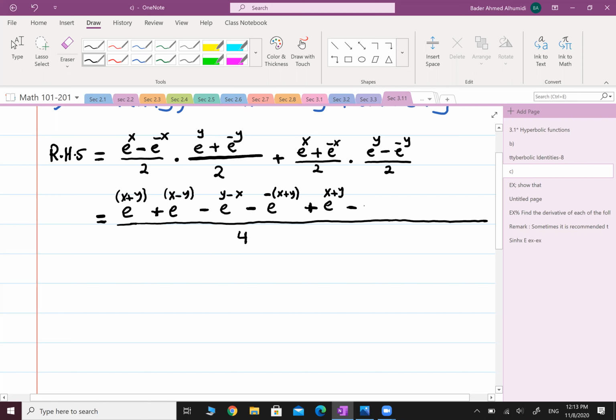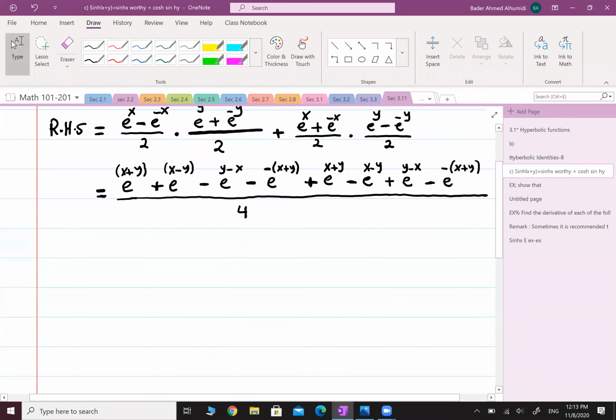Minus sign, e to the power, I will have here x minus y. And then I have e to the power plus y minus x. After that minus e to the power minus sign common factor, I have x plus y. Actually, it is e to the power minus x times e to the power minus y, which is e to the power minus x minus y. You take the minus sign common factor and you have what you need.